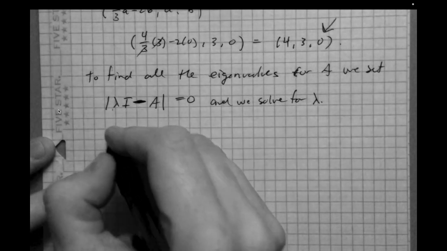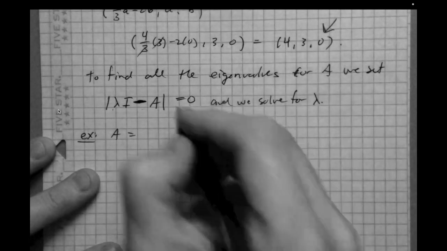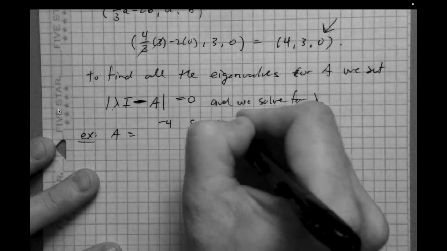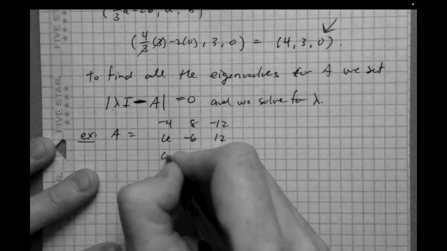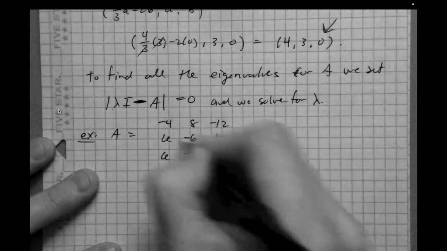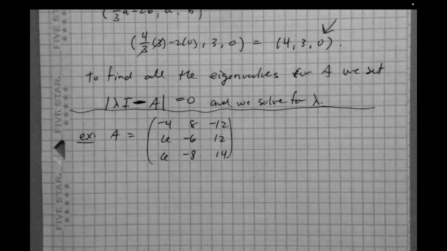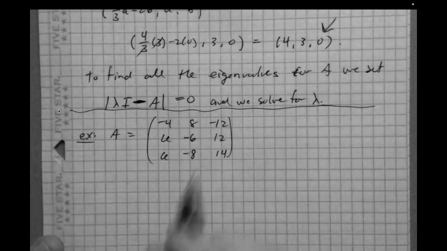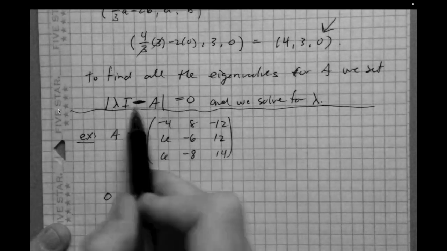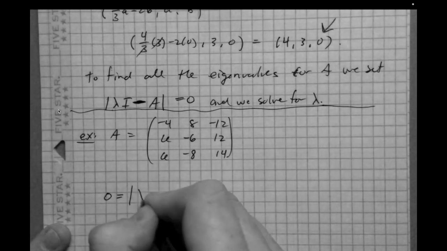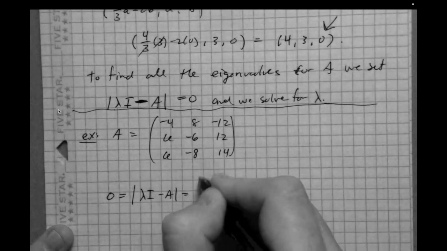So remember, A was equal to -4, 8, -12, 6, -6, 12, 6, -8, 14, right? So this is our example. Okay, so let's set up our equation. 0 is equal to the determinant of lambda I minus A, which is what?